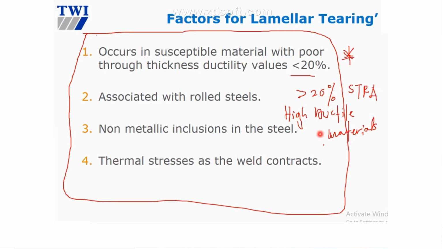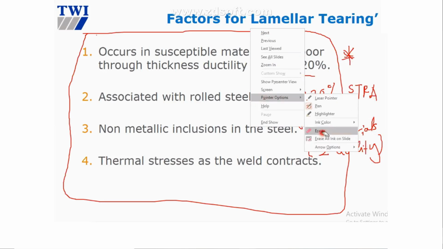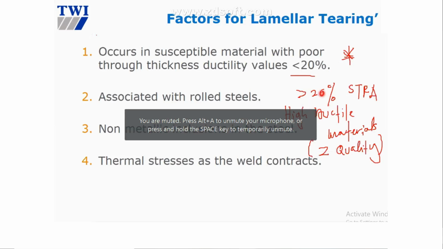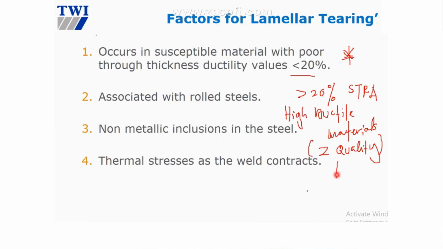So then they also call this a Z quality. All right? So write down this one: more than 20% STRA, high ductile material, Z quality. So no lamellar tearing occurs.